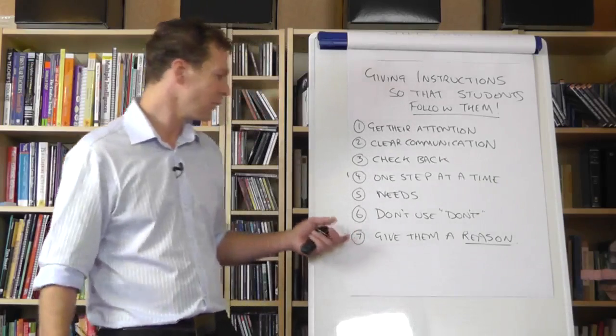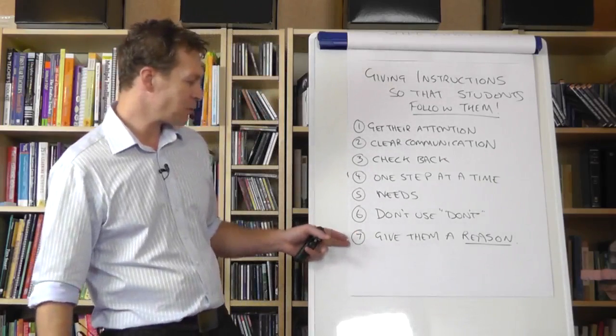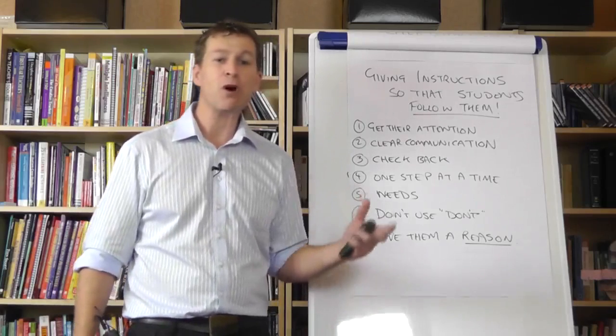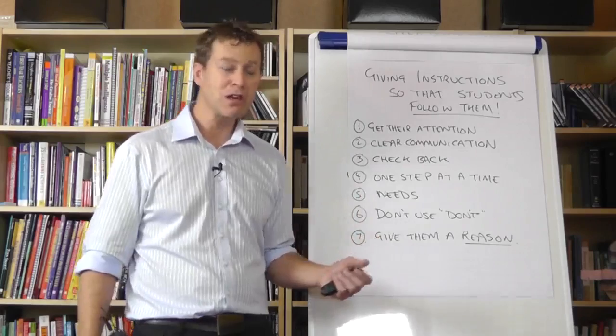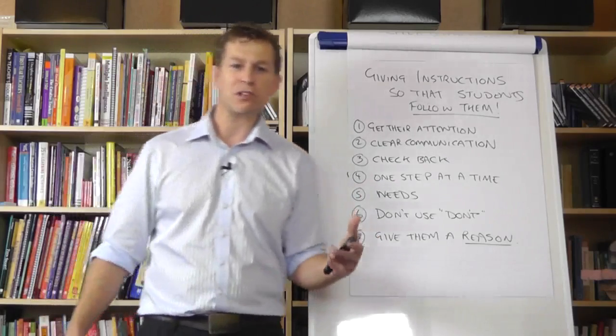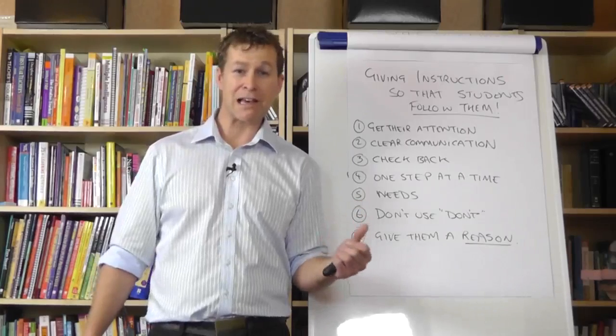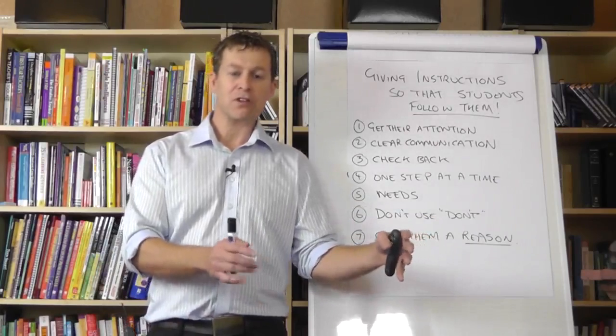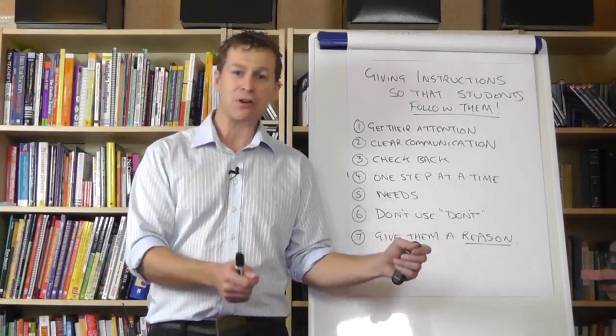And last but by no means least, there's a very clever way of getting your instructions followed, or having more chance of getting your instructions followed, and that is simply to give them a reason. This comes from research done by a research psychologist, Ellen Langer, and what she did was she set up a photocopier, and she had queues of people waiting to use the photocopy machine.